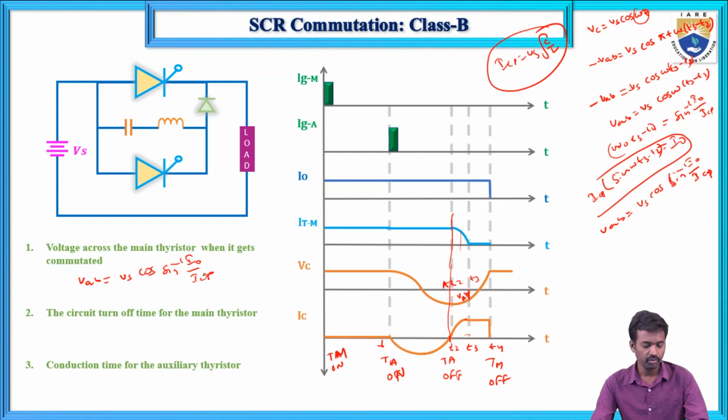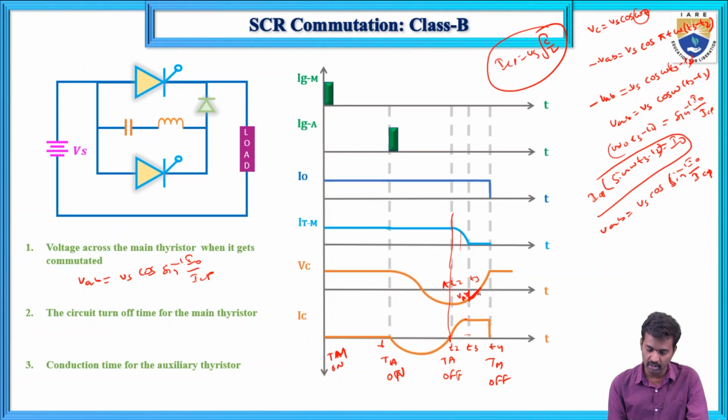The circuit turn off time for this main thyristor: the turn off time of the SCR means the time for which the SCR is in reverse bias. So don't consider the forward blocking mode time, only the time for which the SCR is in reverse bias condition. That reverse bias condition means the voltage goes from minus VAB to 0.